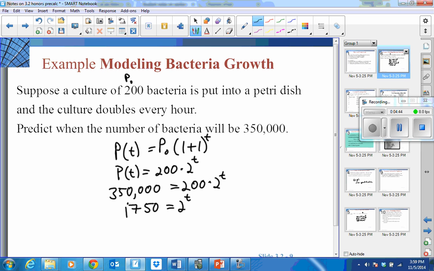Now you get to remember our logarithms. So we're looking at a base of 2, an exponent of t, and our power of 1750. So if you remember, you write this as log base 2. The power is 1750, and you set that equal to the exponent, which is t.